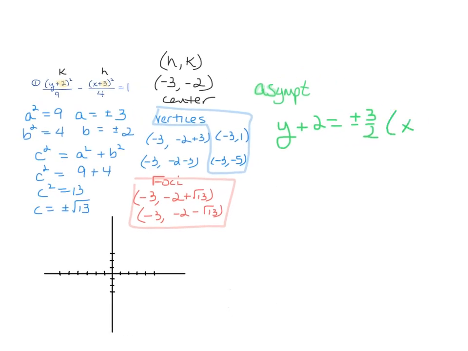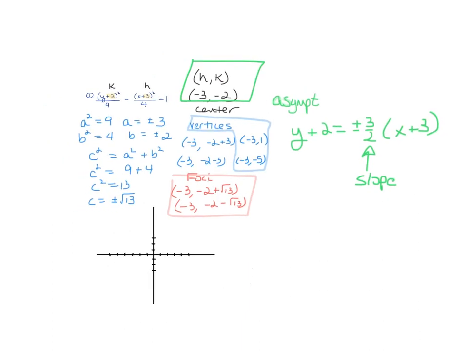And then X plus 3. I'm going to leave it in this form because remember, all we need to do is graph this center point, and then we're going to move this slope. We're going to rise and run from the center to create our asymptotes.